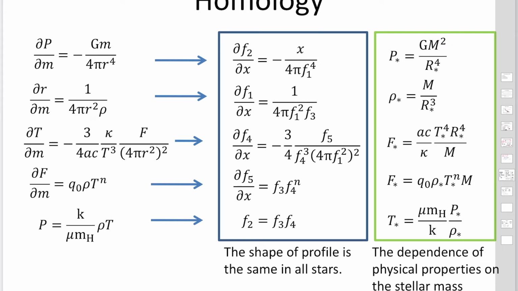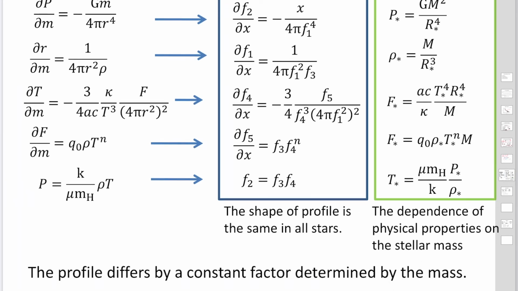This shape of the profile is the same in all stars. And the dimensions you can find inside the green box. This shows the dependence of the physical properties on stellar mass. Stellar profiles differ by a constant factor determined by the mass.